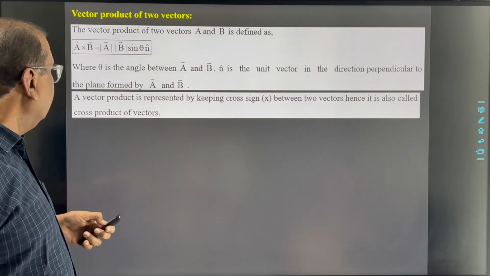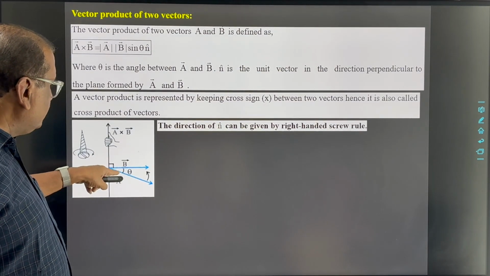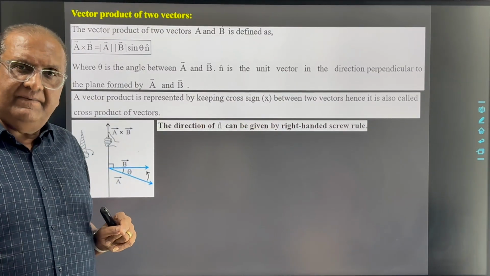So remember this thing. Now suppose we have vectors A and B as shown in the figure, and the angle between A and B is theta.